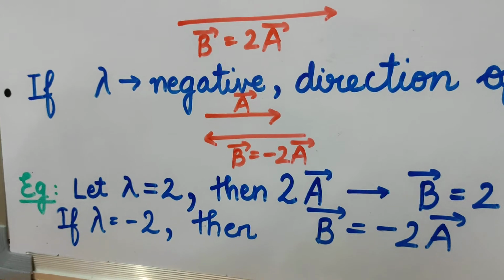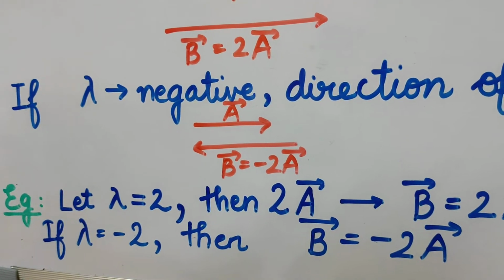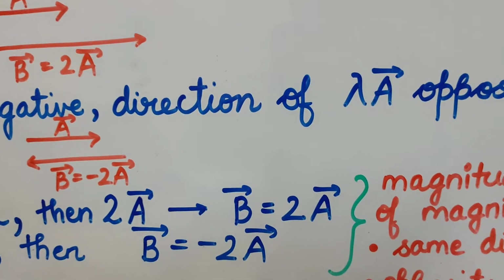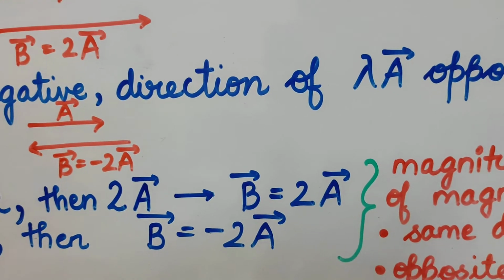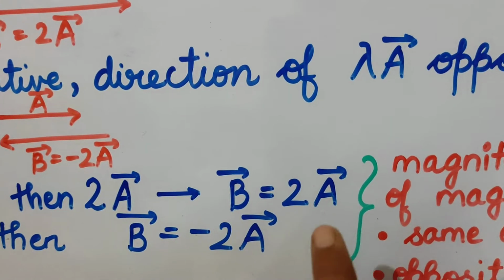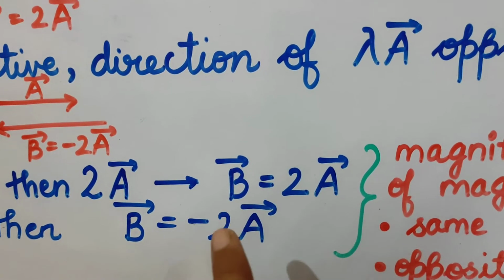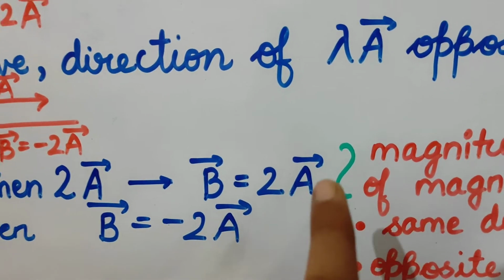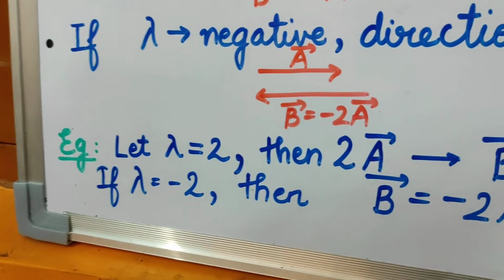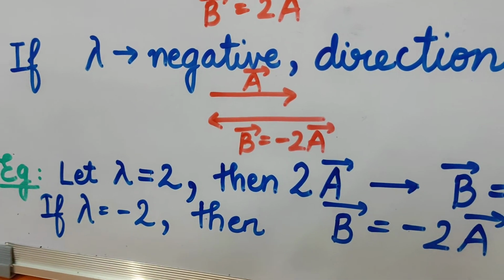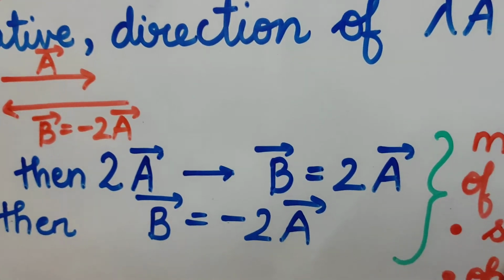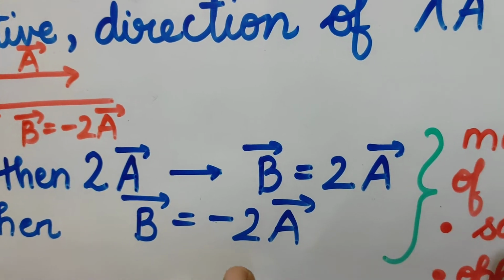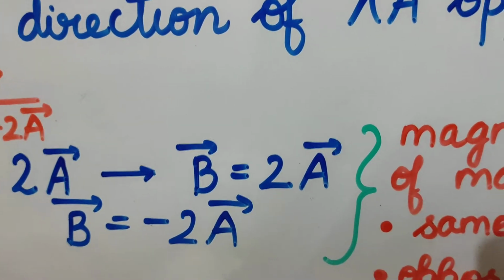For example, I already told you that if lambda is 2, then we get another vector B, which is equal to 2 times vector A. And if lambda is -2, then this new vector B will be equal to minus 2 times vector A.